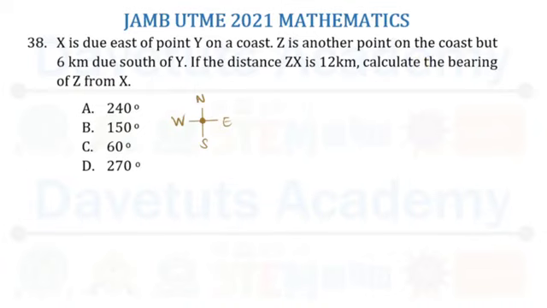This is point Y. Then X is due east. When they say due east, that means something like this. So here we have this other point as point X.